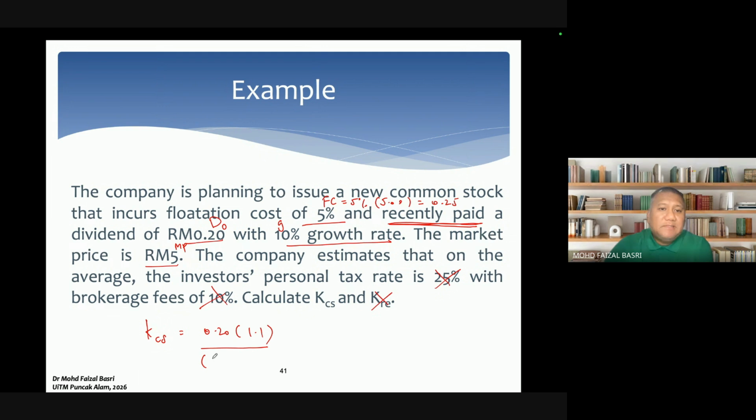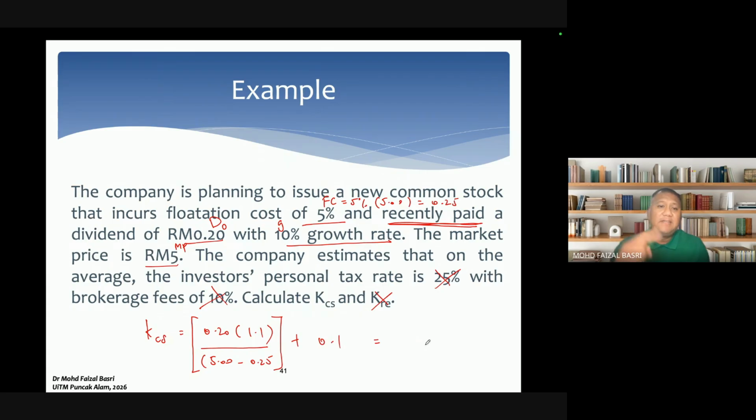And then the market price is RM5, and the flotation cost is 25 cents. Okay, put a bracket, and then we add the growth rate, G, which is 10%. So 0.2 times 1.1, you get 22 cents.